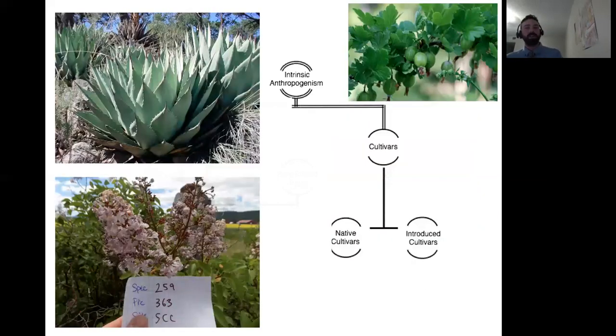Another category of intrinsic anthropogenism, of course, are cultivars. And you can break that down further into native cultivars and introduced cultivars. And it's worth doing this because, if you look in the upper right corner, here's an example of European gooseberry. It was at a mining town around the Flathead area of western Montana.